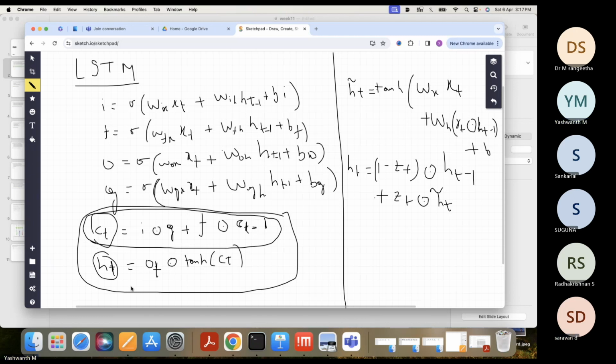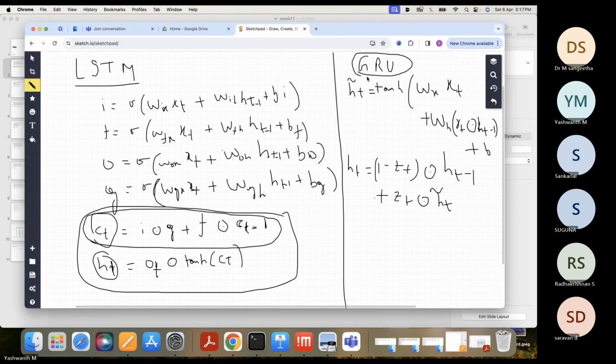So LSTM was introduced to solve the problem introduced by RNN. This is another popular technique called gated recurrent unit.